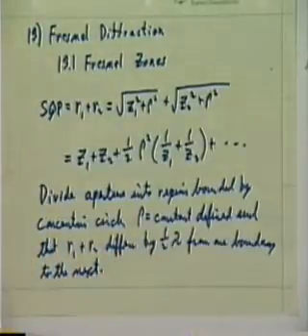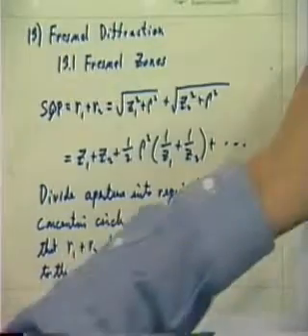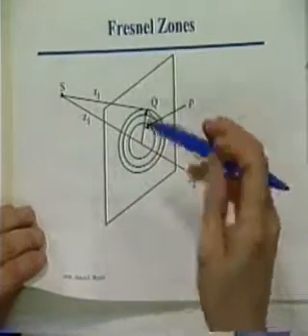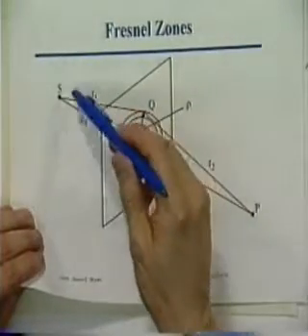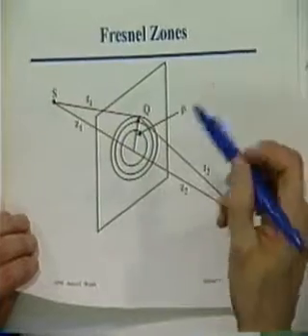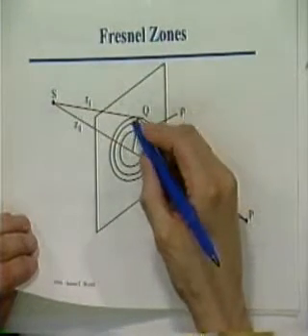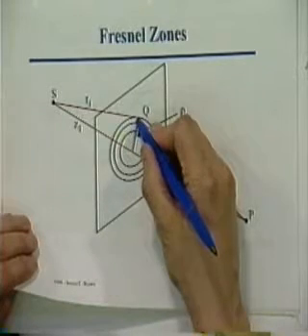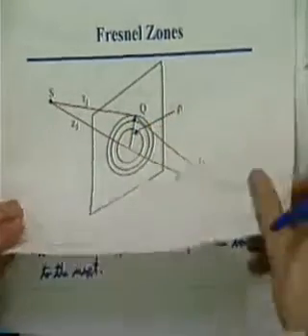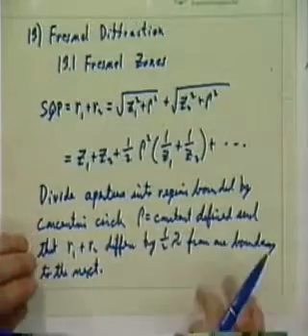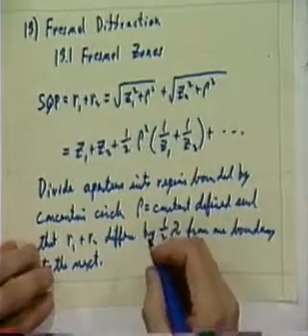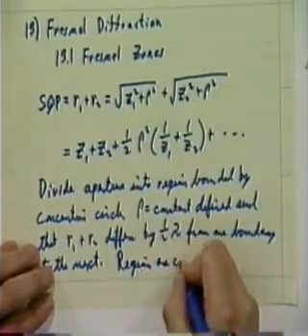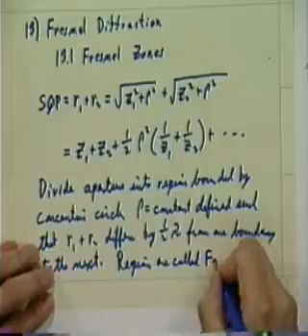Okay? So we're dividing this into these little zones where the path length, R1 plus R2, changes by 1/2 a wavelength going from one boundary to the other boundary. Okay? And we're going to call these regions Fresnel zones.